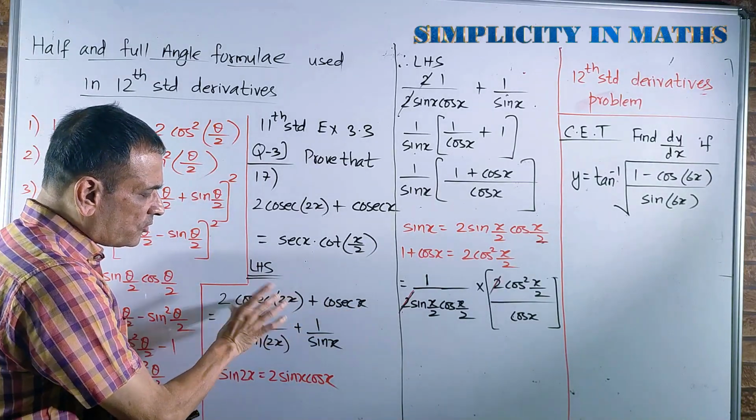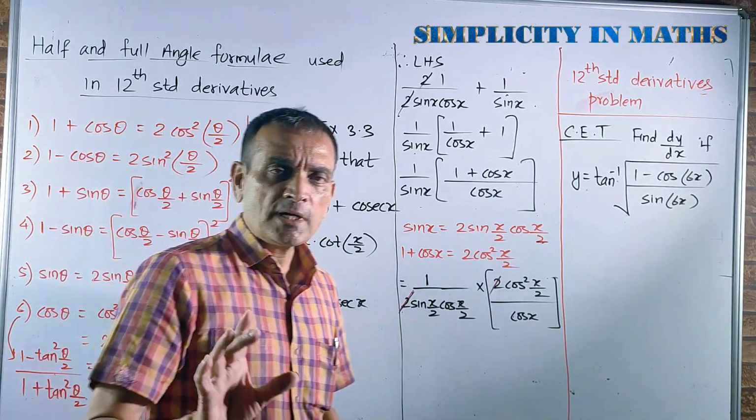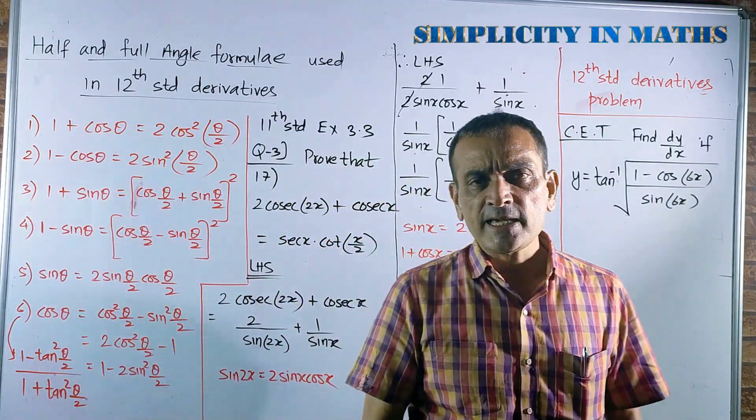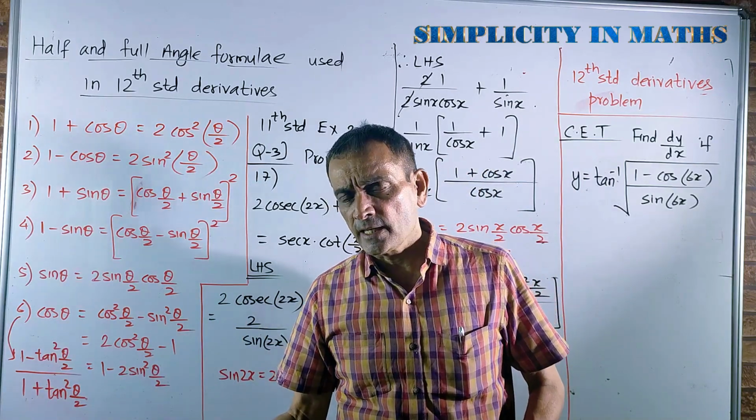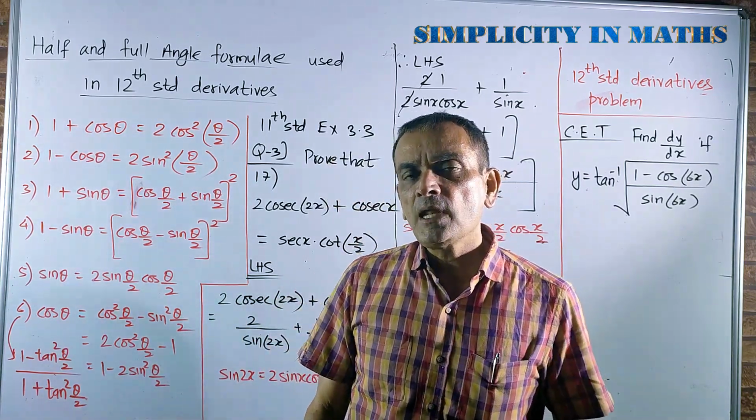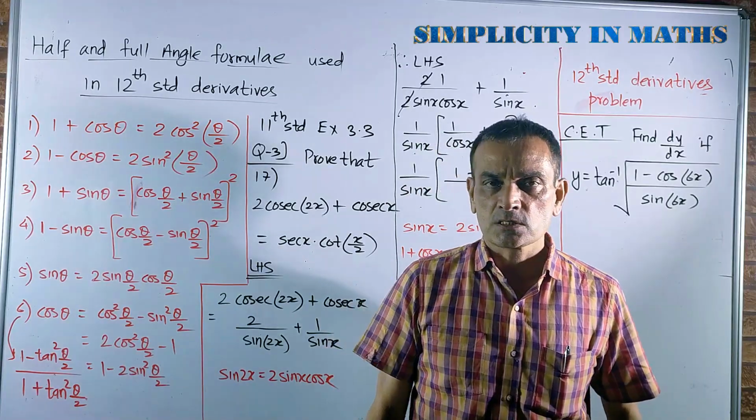Now there is no formula for cosec 2x, but you know that cosec is the reciprocal of sine, and sine is the reciprocal of cosec. So when there is no direct formula, it is better to convert into sine and cos.